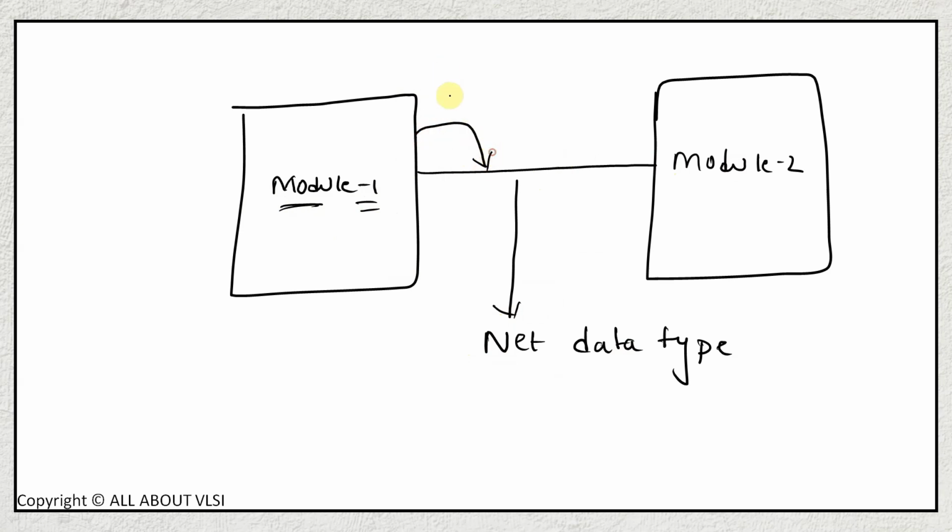Module 1 will continuously drive the data into the net, and module 2 will receive the data from this net. So this net is acting like a passage between module 1 and module 2, and the module which is driving the data into the net will act as a driver.